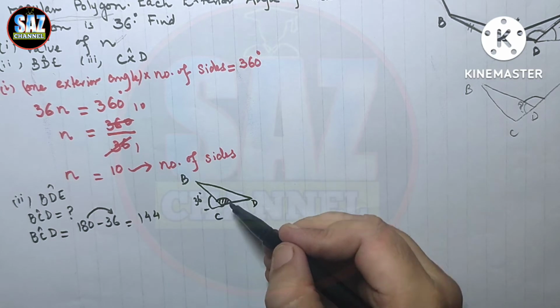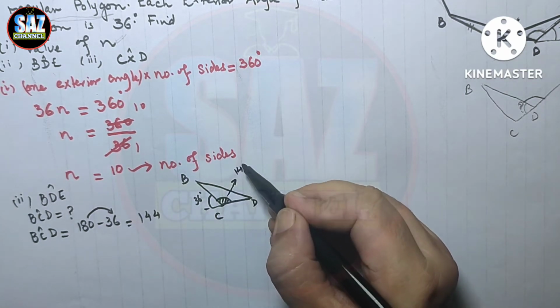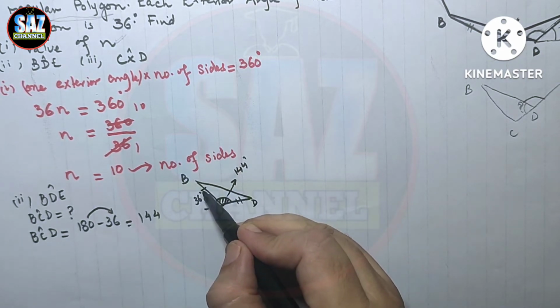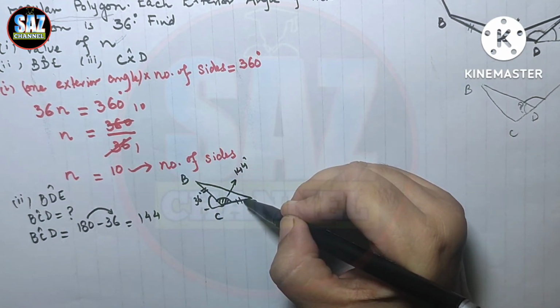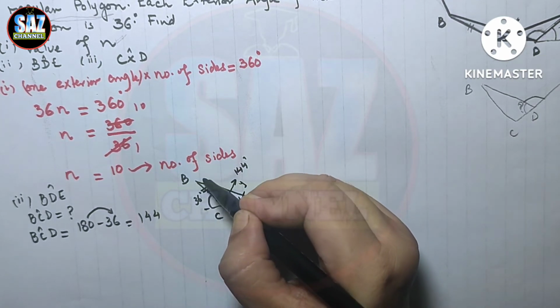So this interior angle is of measure 144 degrees. Clear? Now the second important point: this is a regular polygon, so these two sides will be equal, and they will make an isosceles triangle. If I suppose this angle is y, this angle will also be y.